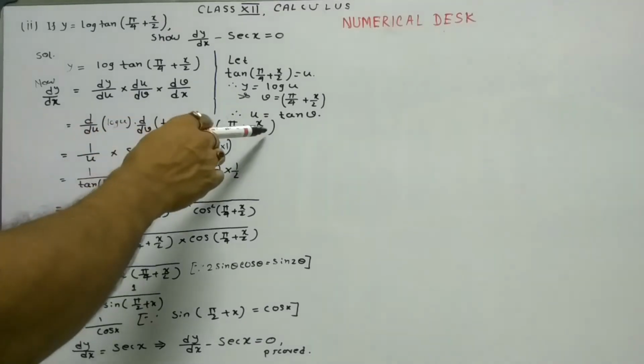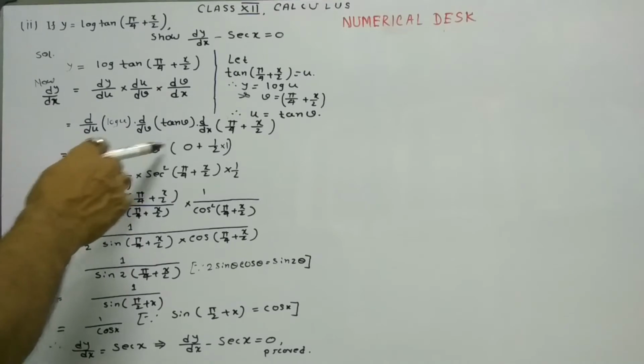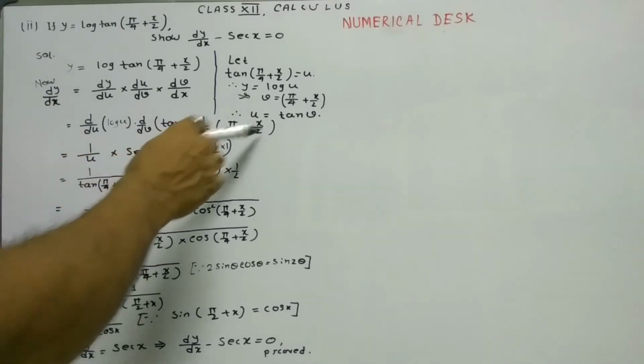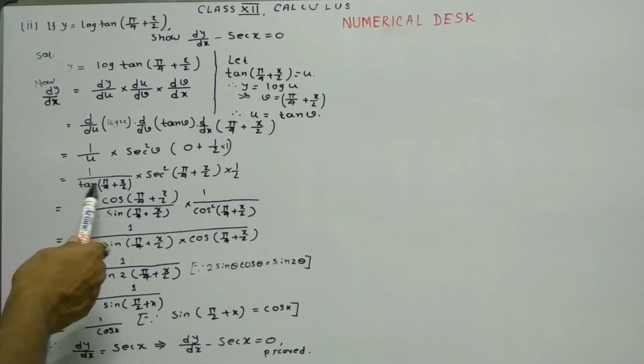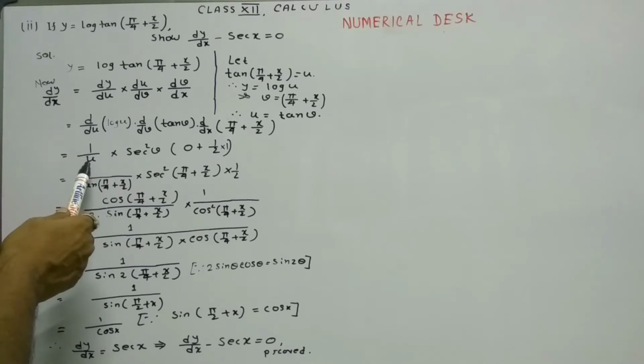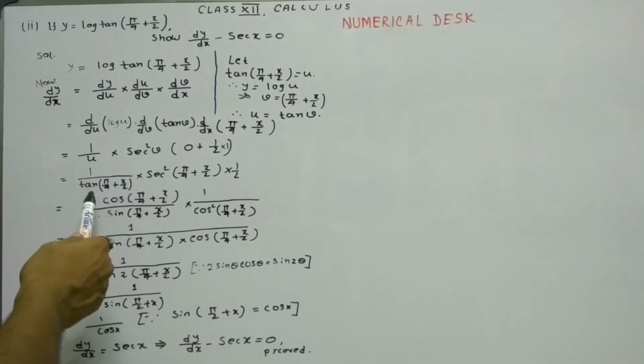Very easy. See the chain: dy by du into du by dv into dv by dx. So now putting the respective values of the substitutions, everything is now brought under standard form so that this can be differentiated.